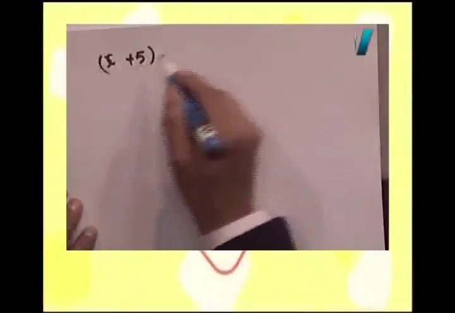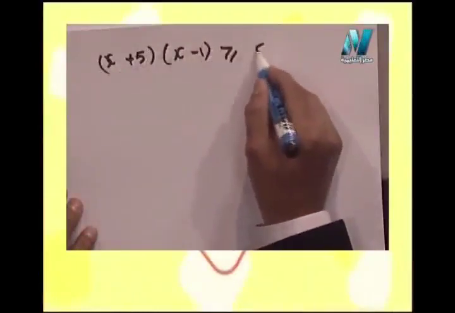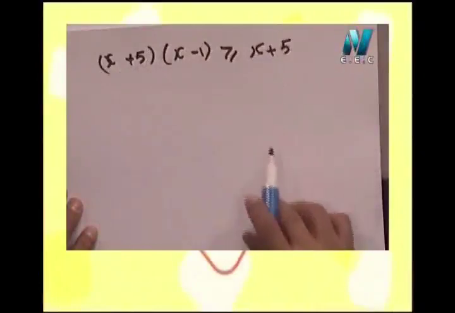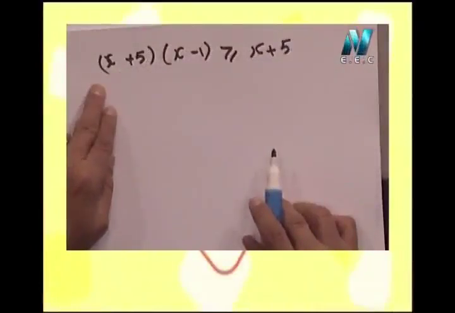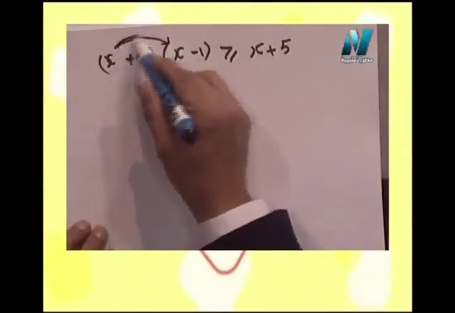If we try to solve another inequality like this: x plus 5 multiplied by x minus 1 greater than or equal to x plus 5. It's a little bit complicated, but we have to expand this part.